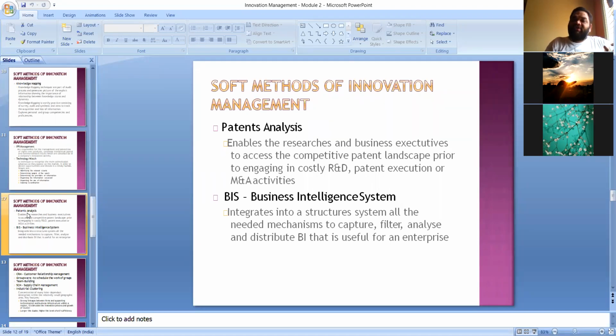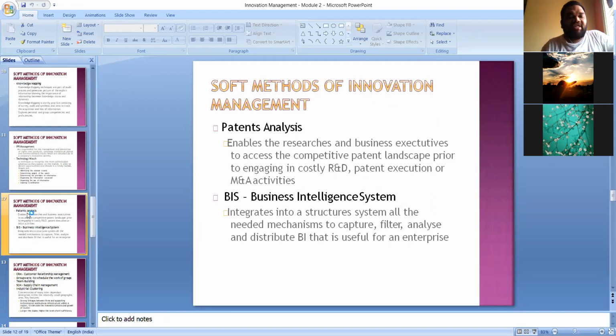Whatever data we have in the organization, it is going to filter. For example, if an HR person comes and wants to extract the necessary data, the business intelligence system extracts only the data related to the HR department. It captures, filters, analyzes and distributes BI that is useful for an enterprise.